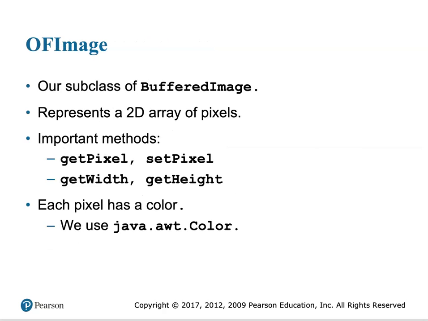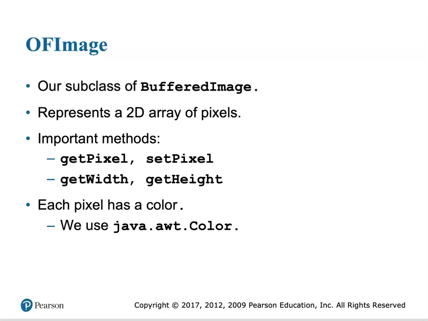So OF image is actually a subclass of the Java class BufferedImage, and it's a 2D grid of pixels. It has the ability to get a pixel, and it gets a color object back from that. And you can also set a pixel with a new color, and that's what allows us to modify these images.